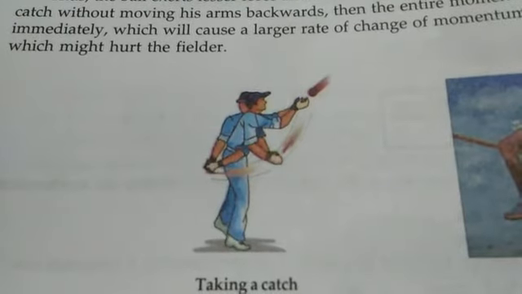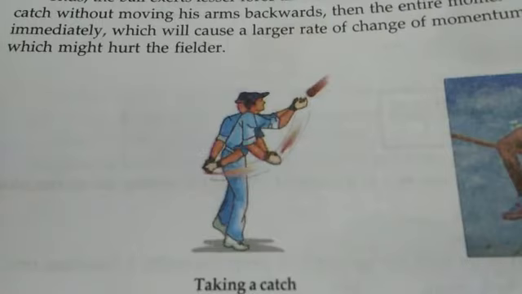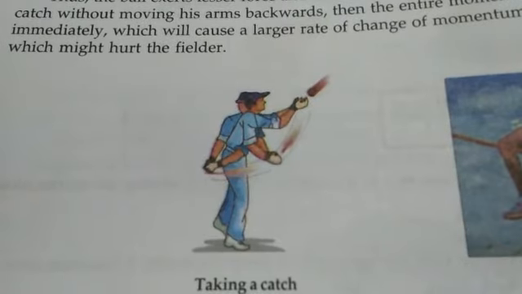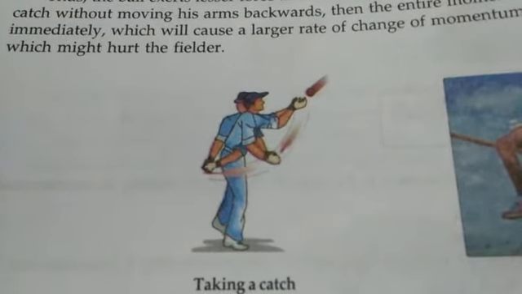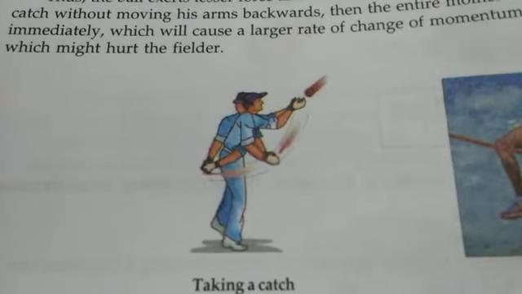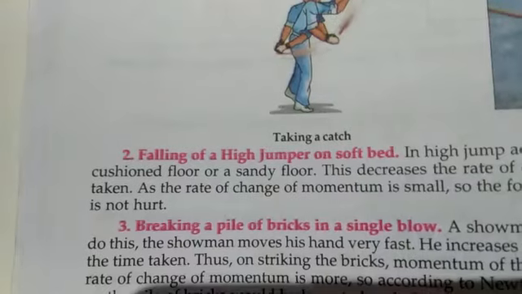If he suddenly catches the ball, then because the time is less, the force applied will be more, and the person who is catching the ball will get hurt. But when they increase the time to catch the ball, they decrease the force, and the force applied by the ball on their hand will decrease and they will not get hurt so much.